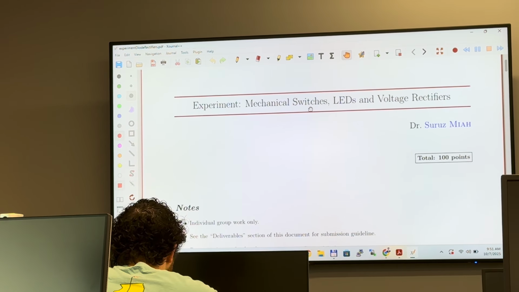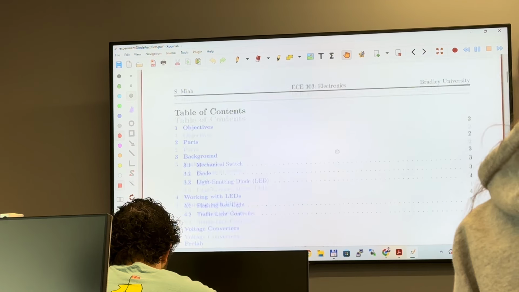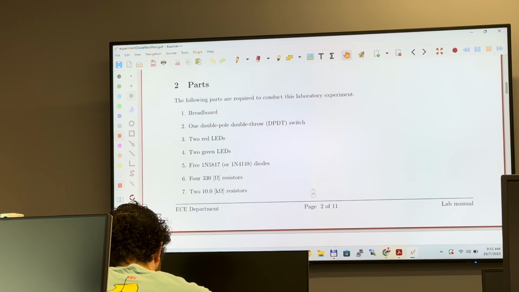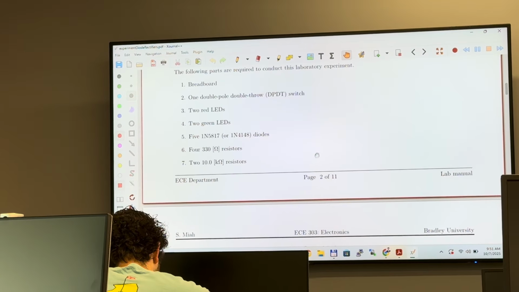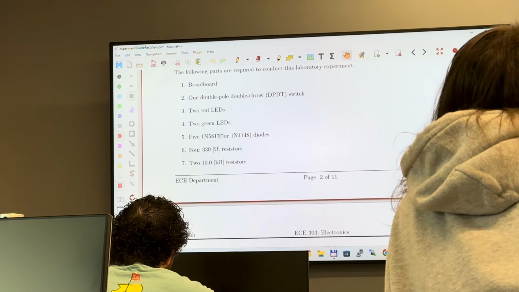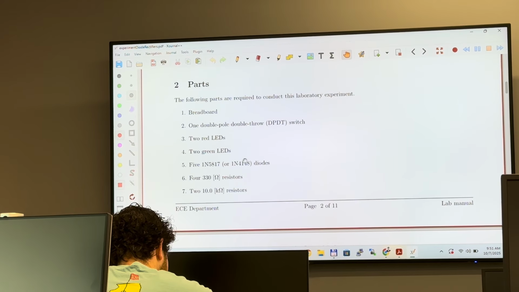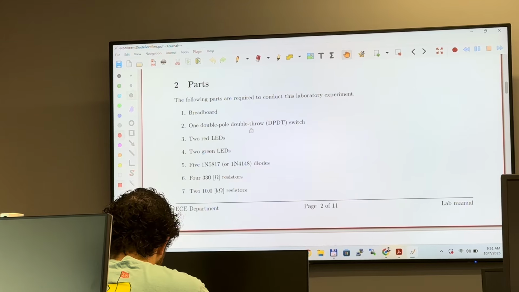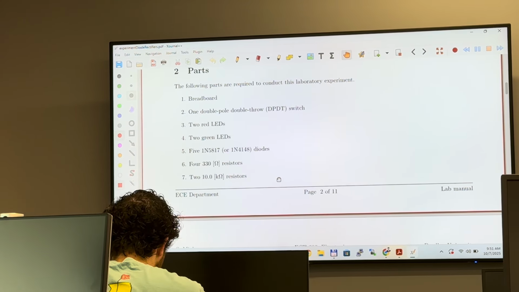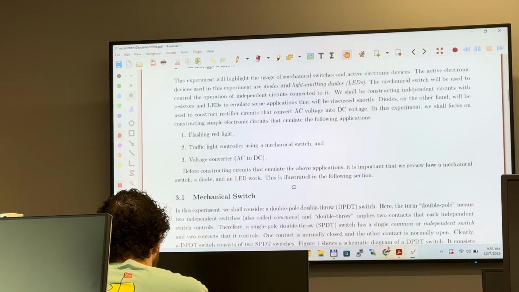So mechanical switches, LEDs, voltage rectifiers. We have two types of diodes. You can use 5817 or 1N4148 diodes. And you don't need double pole, double throw switches. How do they work? I'm going to talk about it in a moment. So these are all the parts that you need.